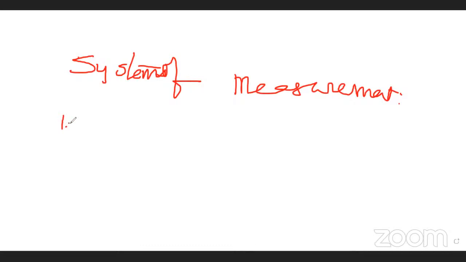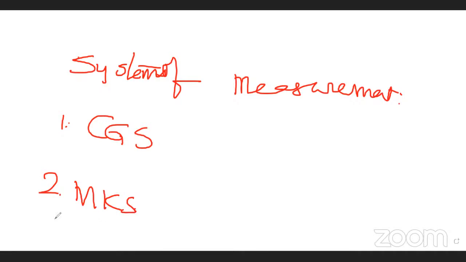Number one, CGS. Number two, MKS. Number three, FPS. So these are the three systems of measurement.